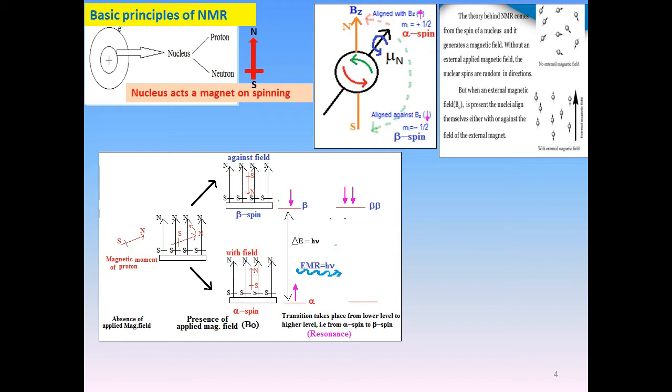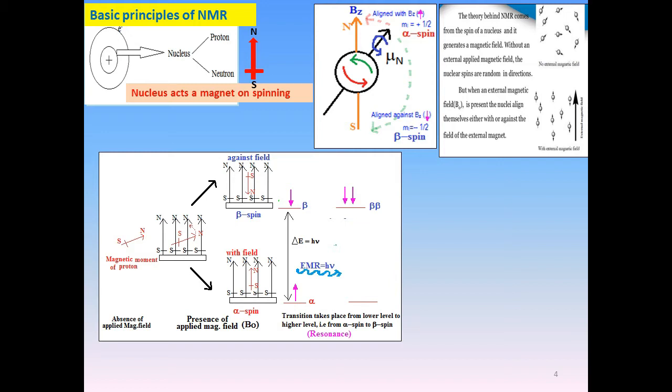The transition from the lower level to the higher level, that is from the alpha spin to the beta spin, is said to be resonance. So the nuclei will be resonating by absorbing a certain frequency of the radiations.